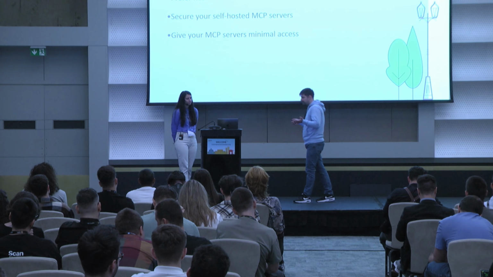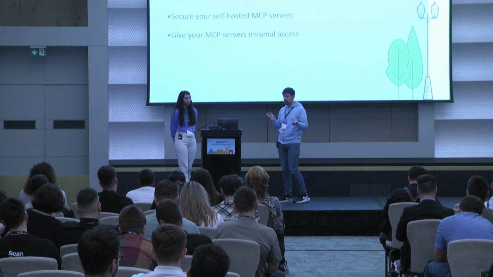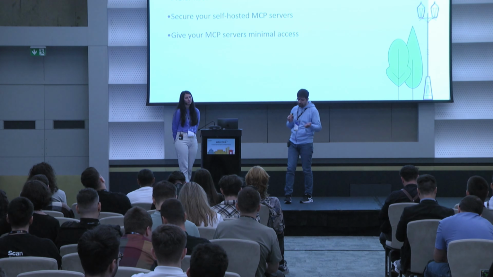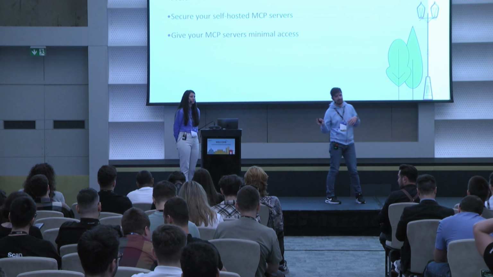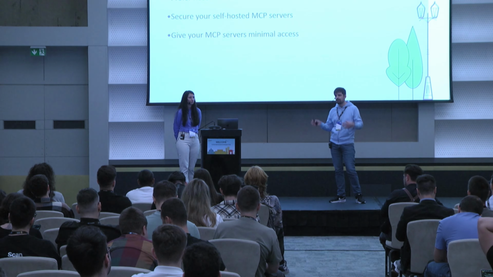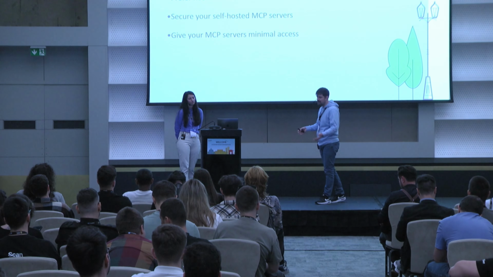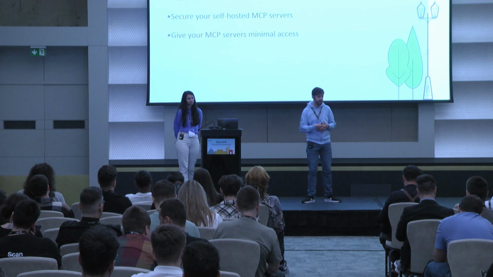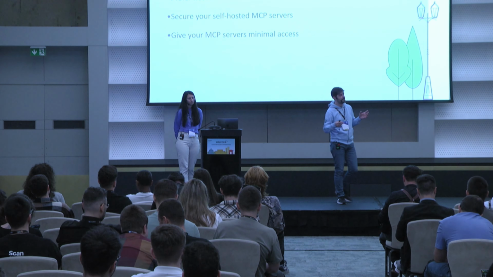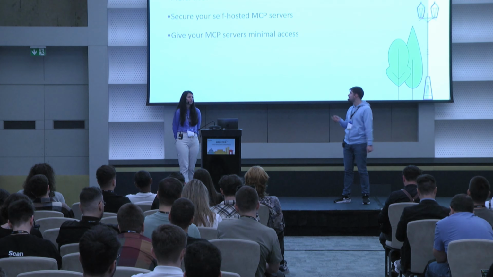But it is perfectly okay to also use self-hosted MCP servers. In our demo, because we are hosting our own Kubernetes clusters, we did have to deploy our own Kubernetes MCP server. And we need to protect those as well.